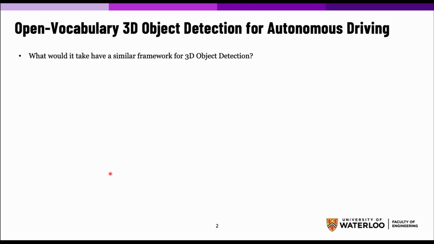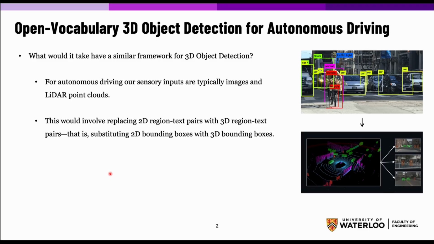So the first question I have is, what would it take to have a similar framework in the 3D setting? For one, in autonomous driving, our sensory inputs are no longer just images. It's usually images and LiDAR point clouds.